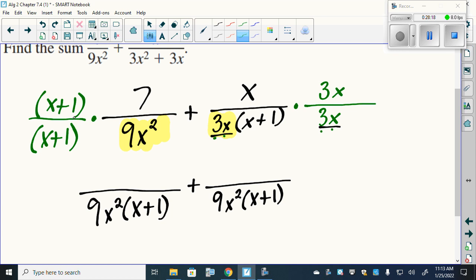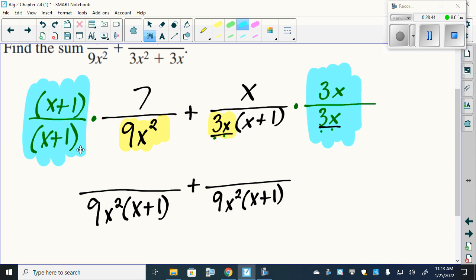Because really, what am I multiplying both of these rational expressions by? 1.